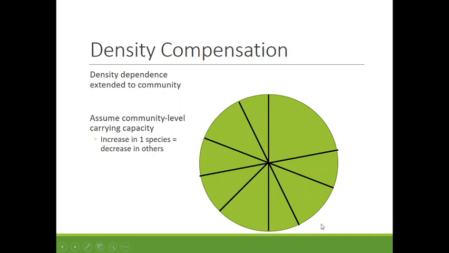Because this pie is bounded, it's not infinite. If one species starts to take up a bigger piece of the pie, there's less left over. So if this most common species gets more and more common, these other pieces need to, by definition, get smaller.